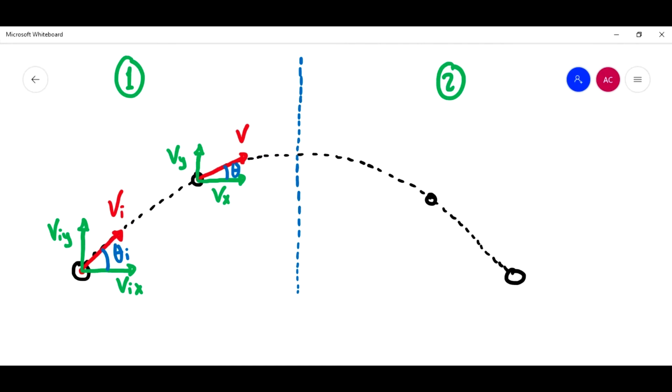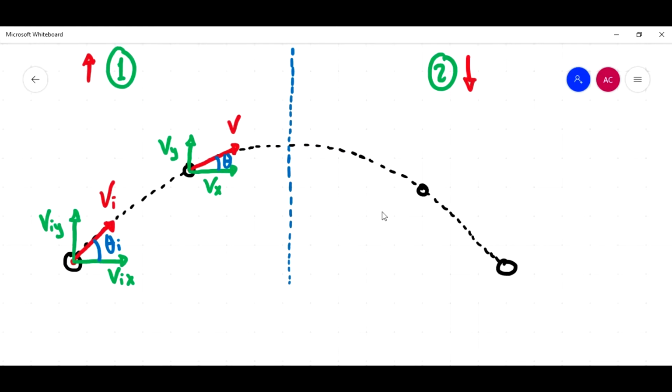How do I identify them? Segment number one is when the object goes up, and segment two is when the object goes down. Over here is the object, and here I got the maximum height.